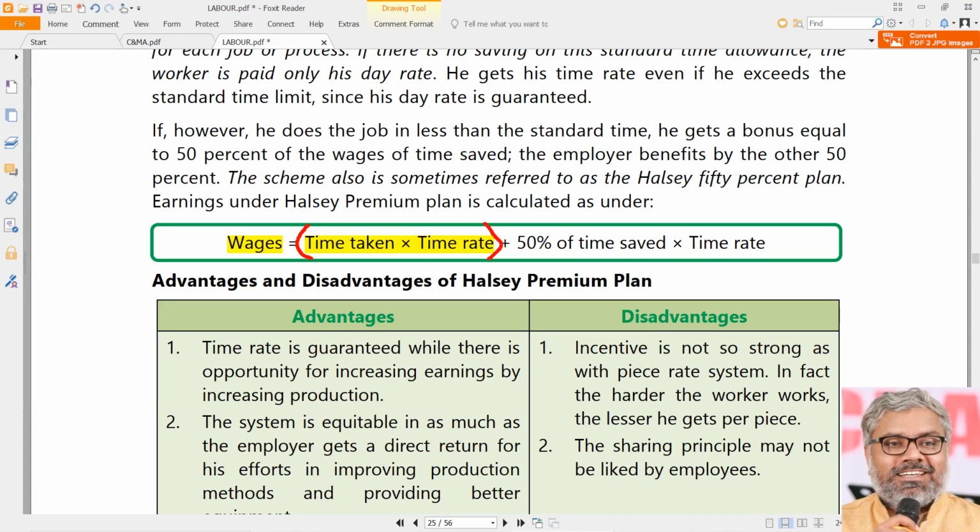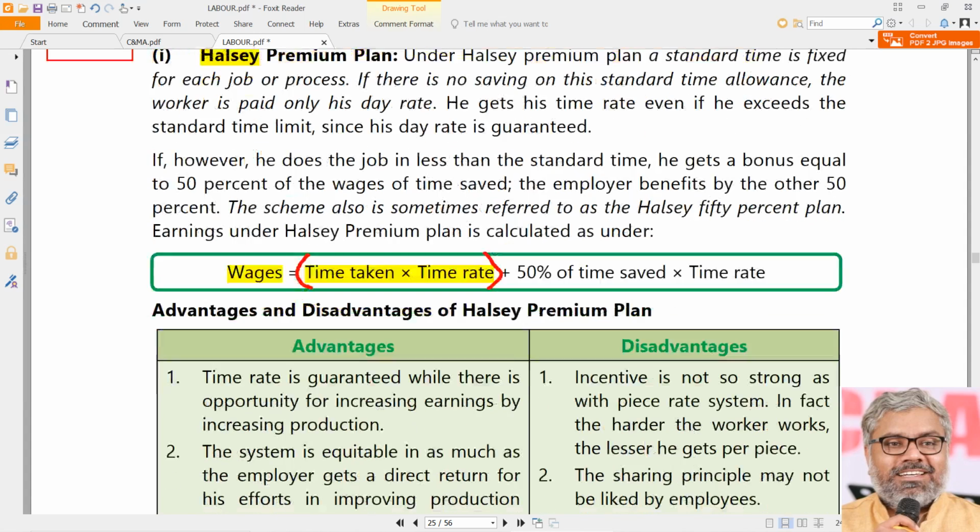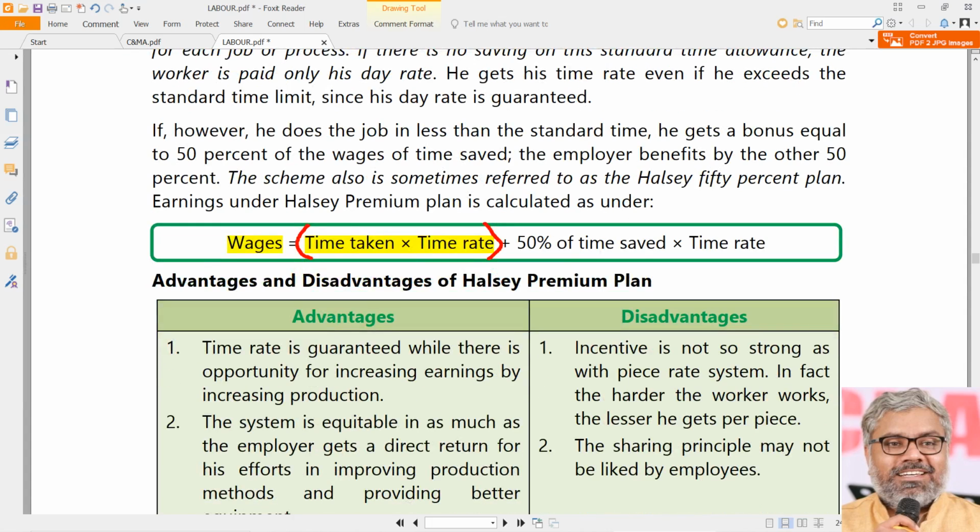Whoever works for however many hours will definitely be paid their time rate. So there is nothing new in this part. This part is the basic time wages that the workers are entitled to. There is no Halsey, no Rowan. That is common. The point comes with the second part. Second part is the bonus part. First part is basic wages. Basic again, don't mix with income tax basic and all.